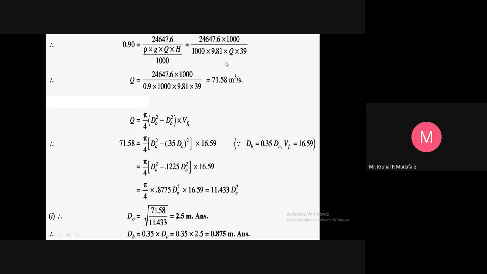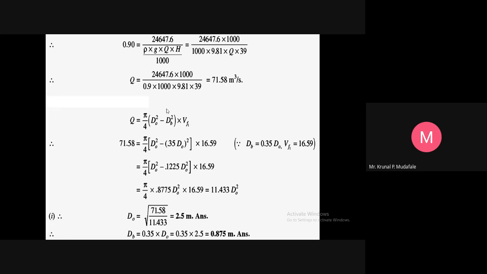In this way you can find the discharge. Directly put in the values and get the answer for the discharge from this equation. The discharge is in meter cube per second.